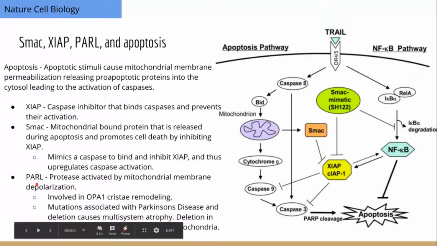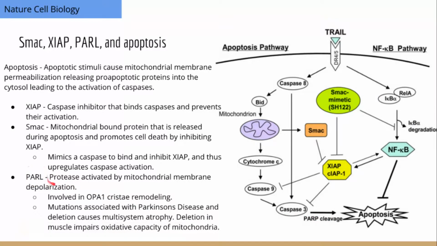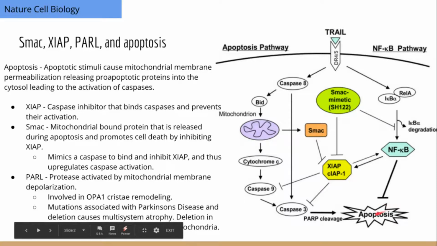Don't confuse PARP with PARL. They have similar abbreviations, but they're completely different. So PARP cleavage by caspase 3 right here is a common proxy of caspase 3 activity, and we'll see it used in this paper.